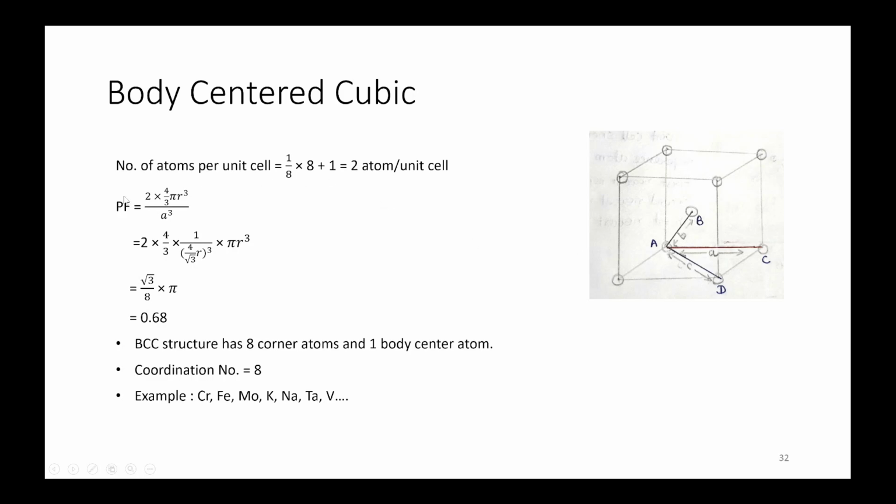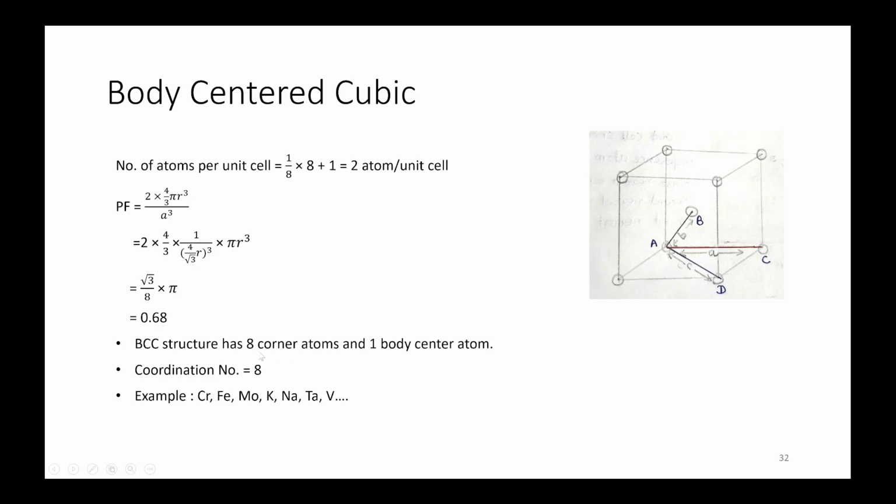So when calculating packing fraction, we'll just multiply it with 2, and a will be different here also. By using Pythagoras theorem, you can calculate that 4r will be equal to root 3a. So when we put this in the formula, we get packing fraction as 0.68.